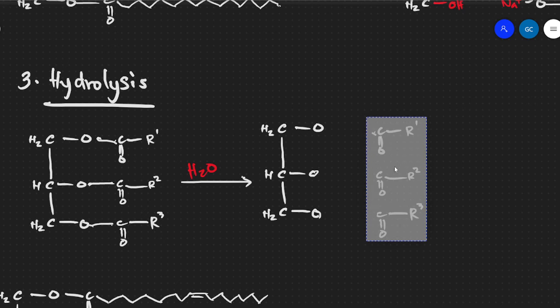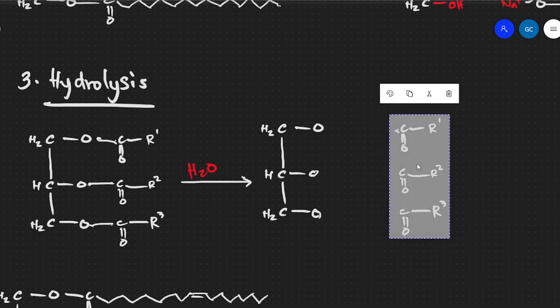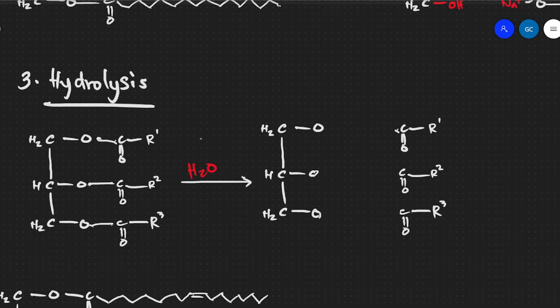So basically, as you may have remembered, in hydrolysis, our water has two parts: the acidic part and the basic part. Of course, that is always the case with acids and bases, wherein we have here the H plus and the O minus. So, what happens to this H plus and O minus? Basically, in hydrolysis, we will have a formation of glycerol wherein the hydrogen of our water goes to the glycerol part.